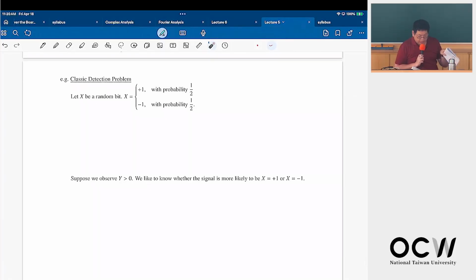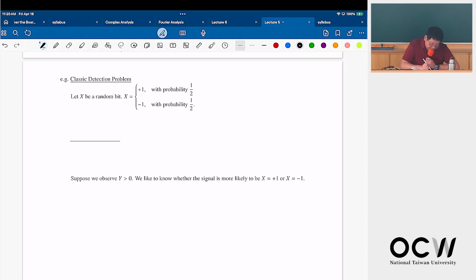So now let's see this detection problem, a very classic detection problem. X is a random bit, so it's either 1 or -1. And the probability of having 1 or -1 are the same, 1/2. And we can draw this x.